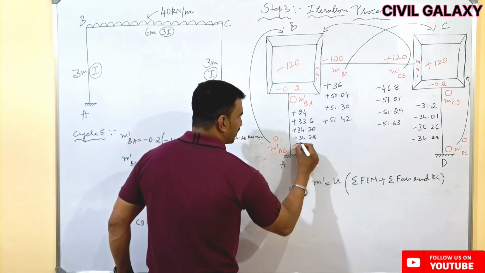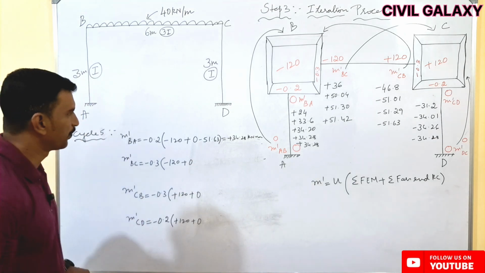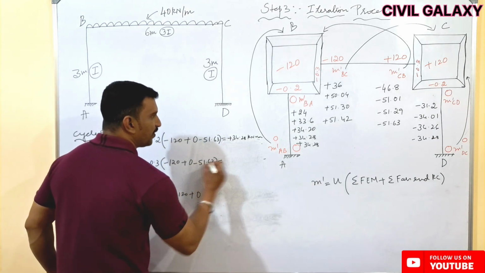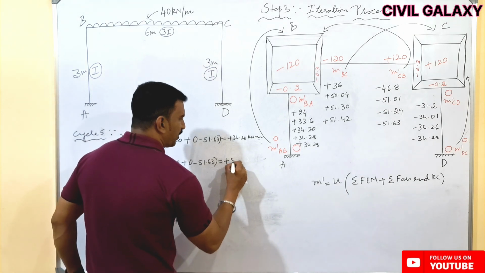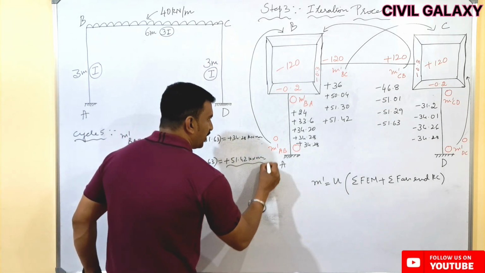So here it is plus 34.28. Here it is minus 51.63, which gives a value of plus 51.42 kilonewton meters.